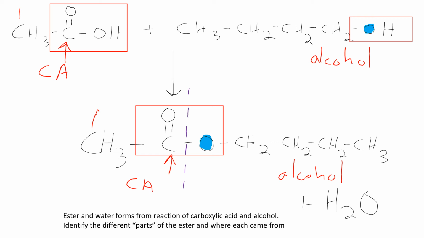Well, what do I have attached to that oxygen of the alcohol? Well, I have a CH2, so I'm just going to do this with numbers in blue. I have a CH2. That means what has to still be attached to that oxygen of the ester? Well, that's CH2. And I can just go through and keep all of my connections the same in order to quickly identify where all of these pieces came from.